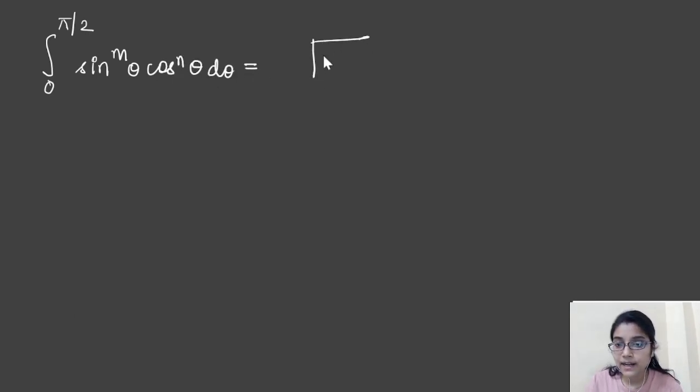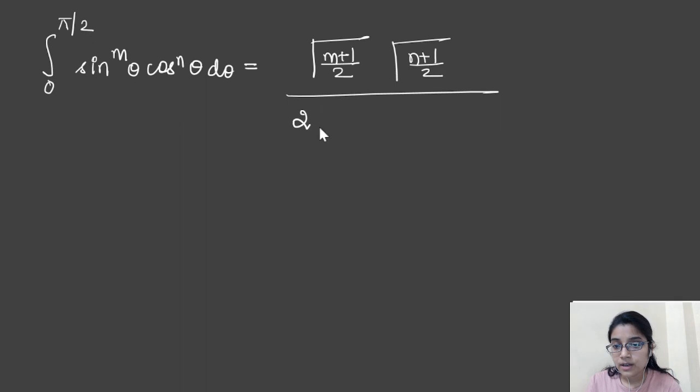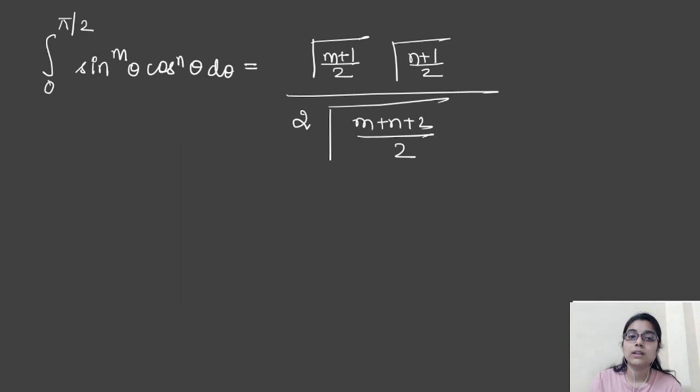Then the formula that we use is gamma of (m plus 1) by 2, gamma of (n plus 1) by 2, divided by 2 gamma of (m plus n plus 2) by 2. Okay, from this formula only we are getting all the things. How come? Let me give you an example.